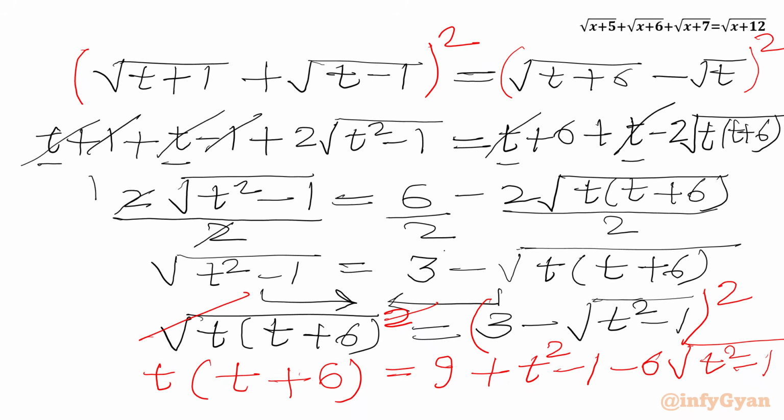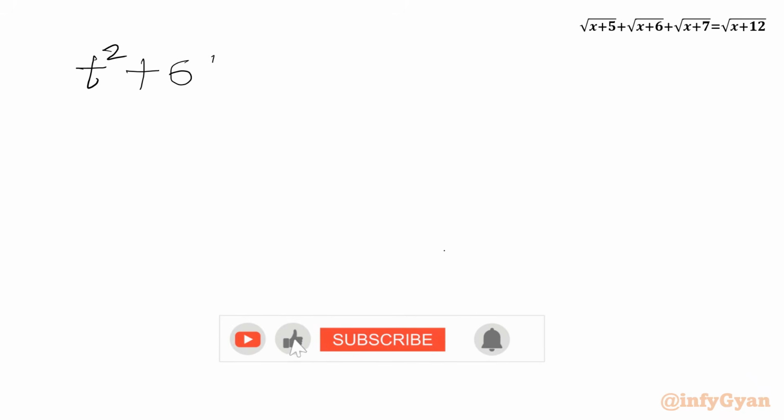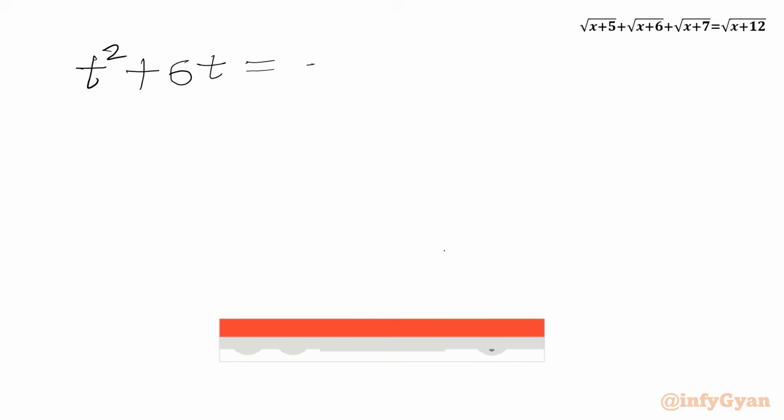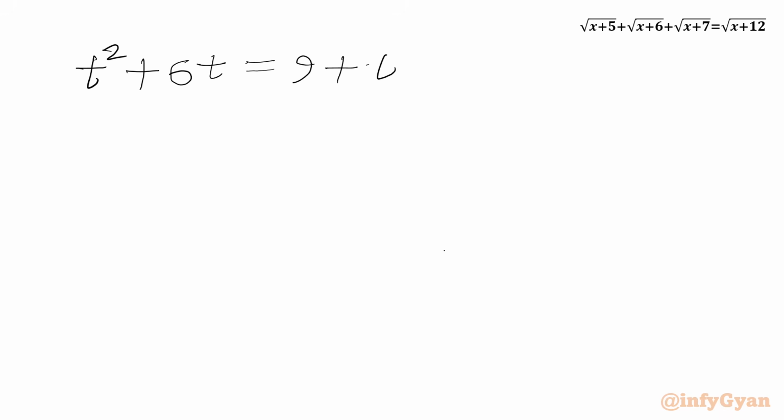So we will write t square plus 6t in left hand side, and in RHS we will write 9 plus t square minus 1 minus 6 times square root of t square minus 1.